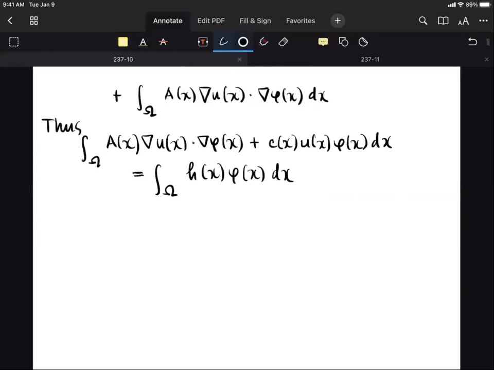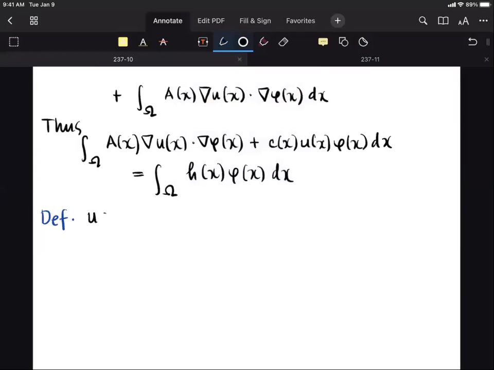Okay. And from this will motivate us the definition of, or this is a motivation for the definition of what we call weak solutions of our boundary value problem.